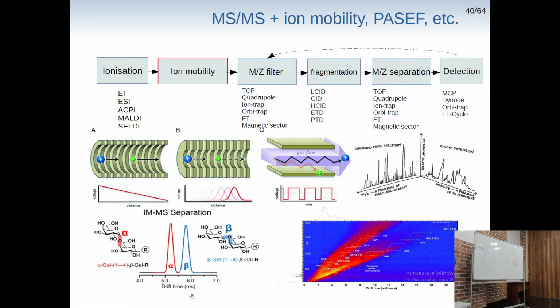And there is newer mass spectrometry equipment which includes so-called ion mobility. As you can see, after ionization there is another block here, which is called ion mobility. Actually, ion mobility technology is really old. It's from somewhere in the middle of the previous century.